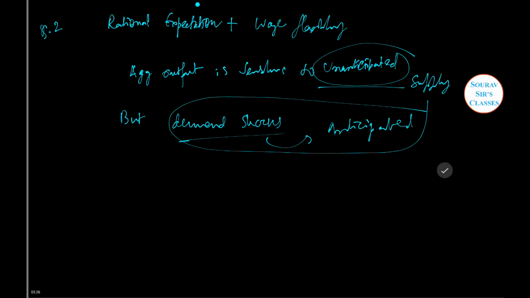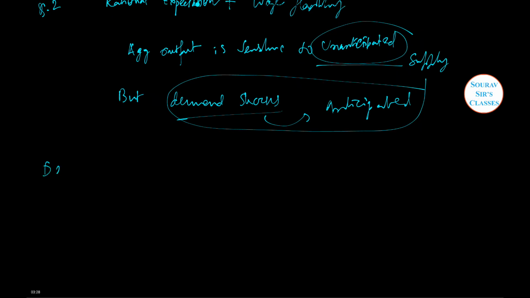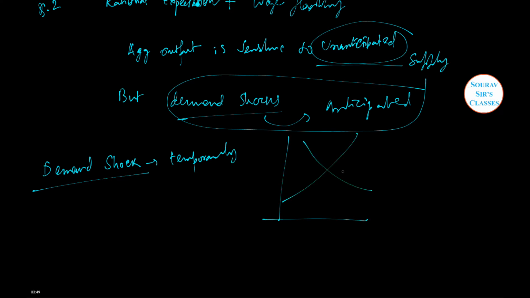Let me give a short note on what a demand shock is. A demand shock is nothing but a certain event that increases or decreases demand for goods and services, but changes it temporarily. Diagrammatically, the supply curve is like this, and as it is unanticipated, this shock increases the demand in the case of a positive demand shock, and a negative demand shock decreases the demand.